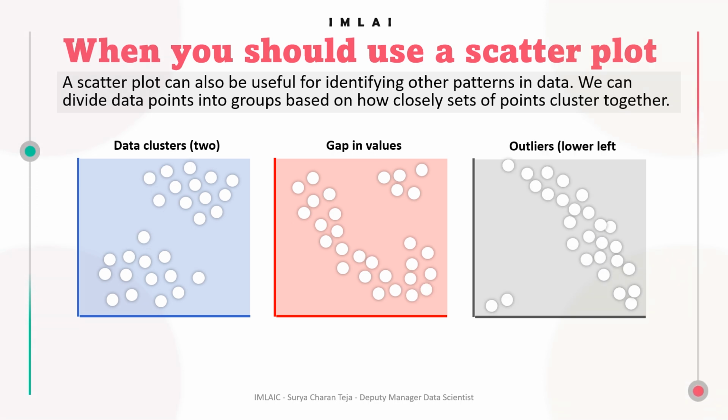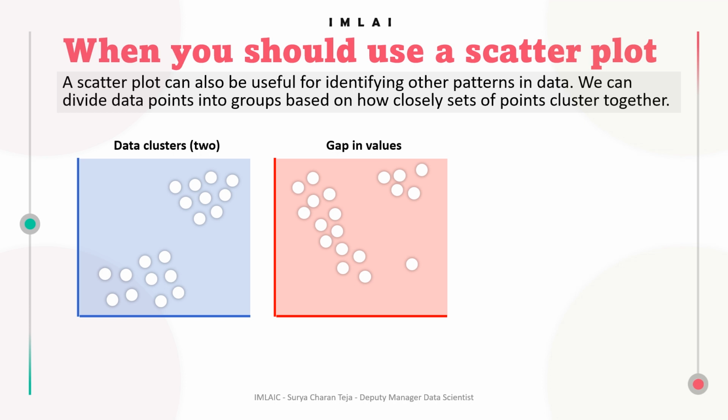Where the points are plotted, they are closely packed and have a certain shape, and then after that there is a huge gap, and then again you have a certain amount of values. So this can also be used to find gaps in values.